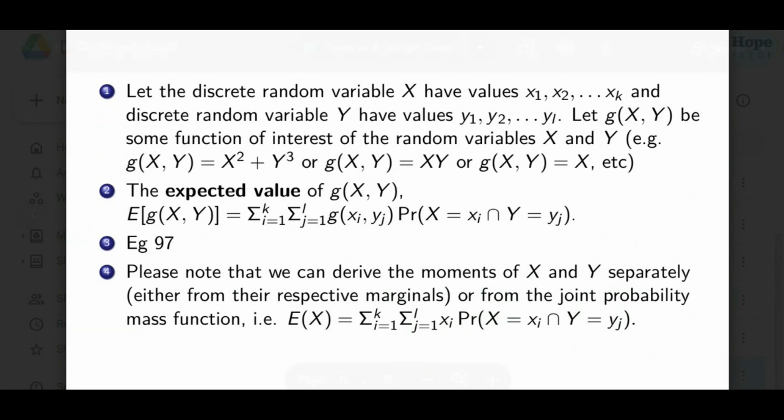Isn't x alone, I know this sounds weird, isn't this alone a function of x and y? It is. Isn't x equal to x plus 0y? You can turn any function of one variable into a function of two. And what did I just tell you? The expected value of a joint function of x and y is dump that function here, scaled by the joint probability. And that's exactly what I'm doing here.